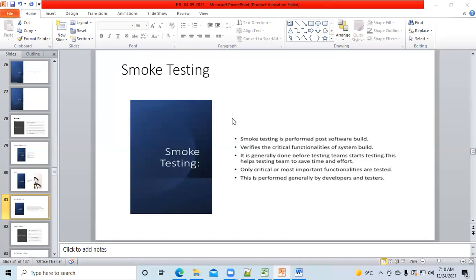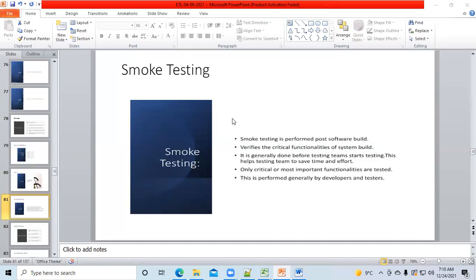So whenever your development team tells you that this particular functionality is developed, please start testing in your test environment, you might know that your leads or project manager will tell you to first of all perform the smoke testing.